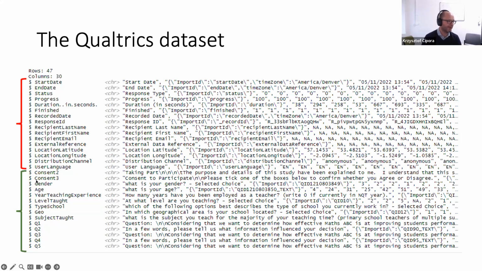And then these are the columns that are useful for us, in the sense that they refer to the items of the survey. So this is just a list of columns. I know that these are rows here, not columns, but this is a description of the columns in the Qualtrics output that you might have seen already.